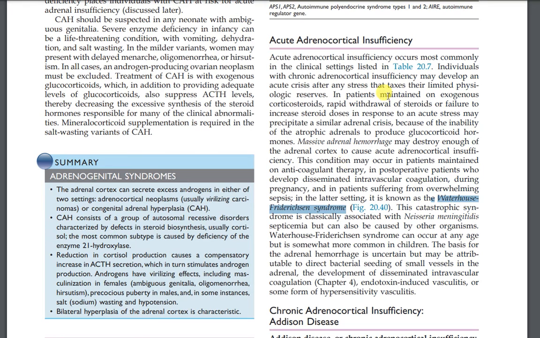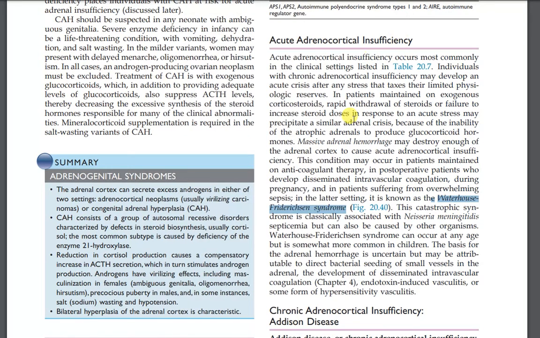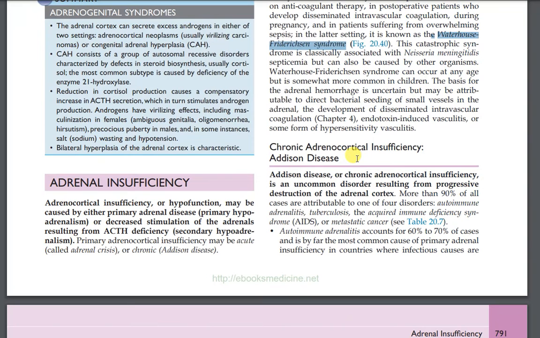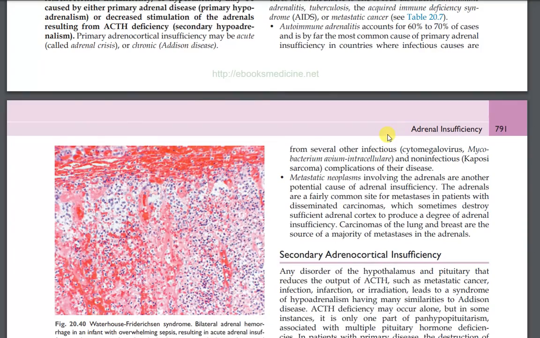In this case, we can say that acute adrenocortical insufficiency is an additional cause of death during sepsis. Usually it happens in sepsis, or sometimes it is related to thrombosis of the adrenal gland. And chronic adrenocortical insufficiency leads to different consequences.